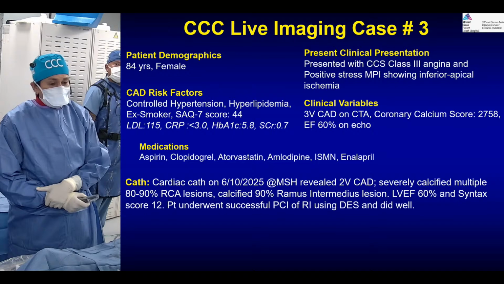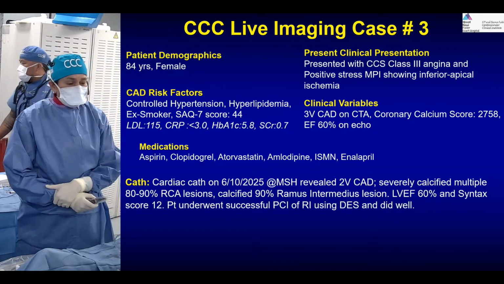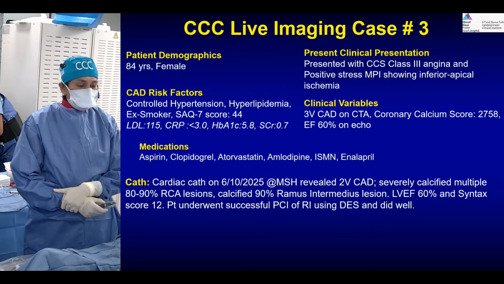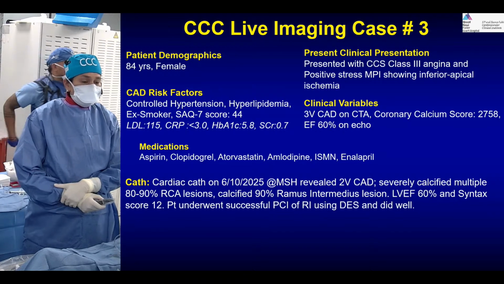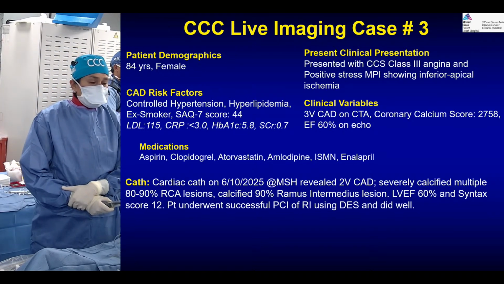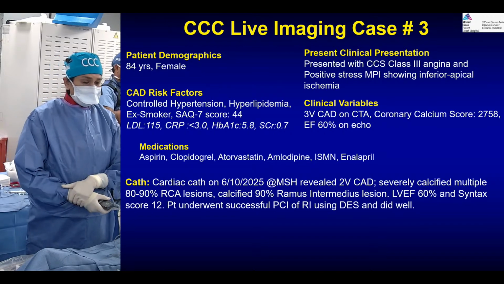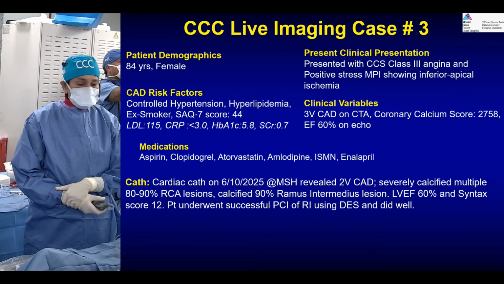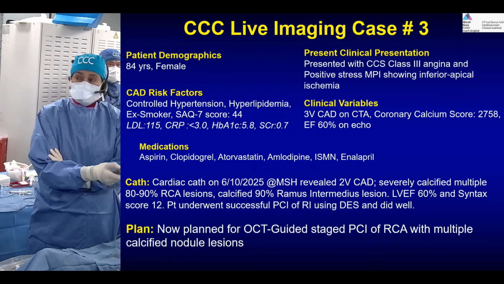Medication-wise, her referring physician got her on good medical therapy and sent her to us. Cardiac cath, done in June, showed 2-vessel disease, heavily calcified, with multiple lesions of the RCA and of the Ramus. The LAD was okay, with a good EF. She underwent a PCI of the Ramus, and today we are going to do the PCI of the RCA.